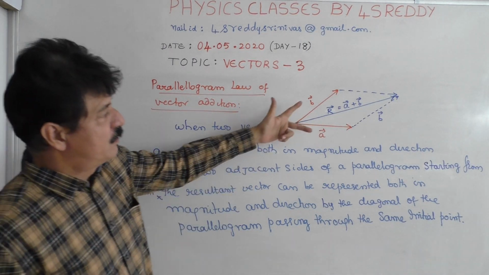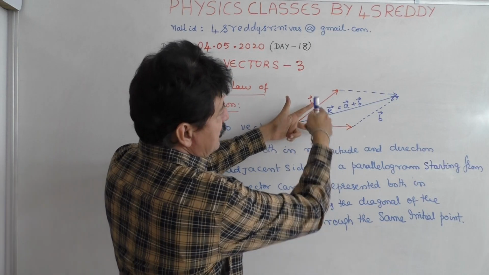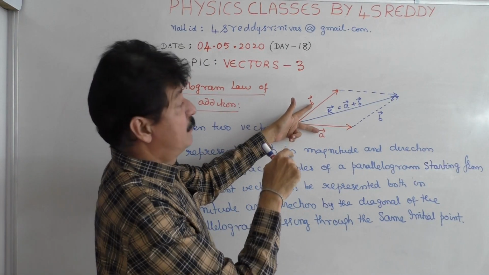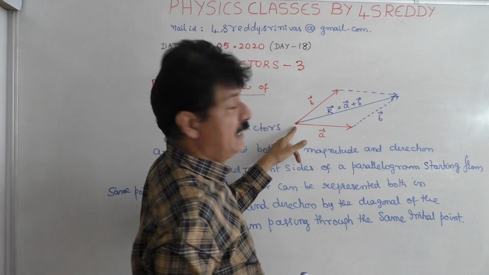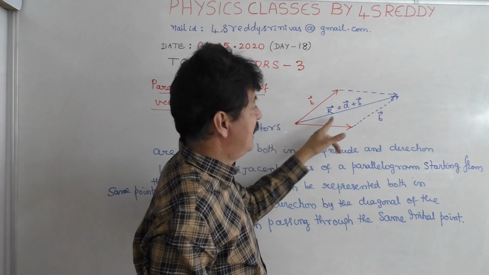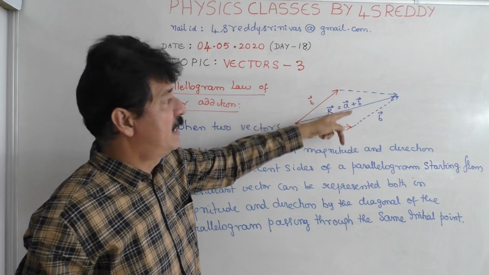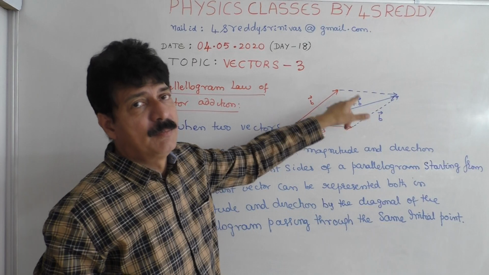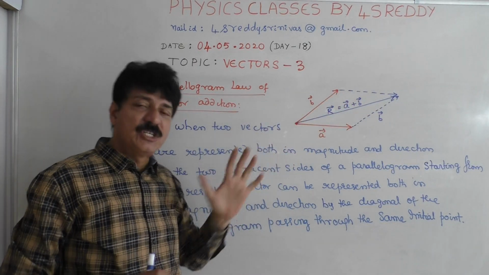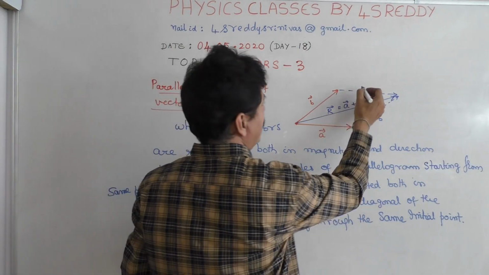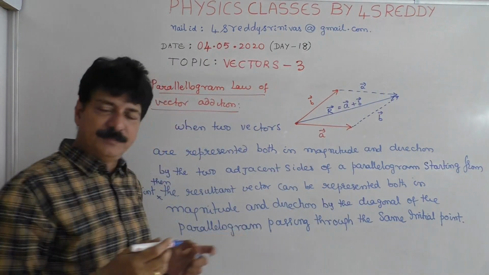Got it? If this is B bar, this is B bar. If this is A bar, this is A bar.